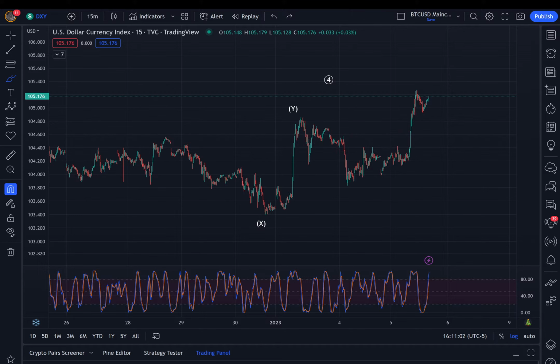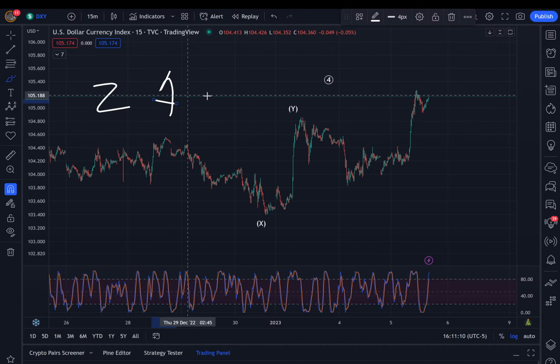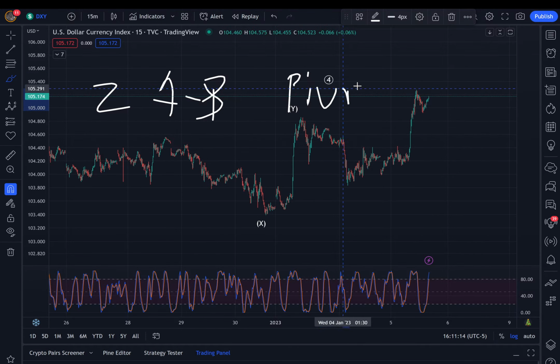So let's try and read this purported AB base, okay? Any AB base is 2 degrees of AB basing and a pivot, as per my research. So let's try and read it.